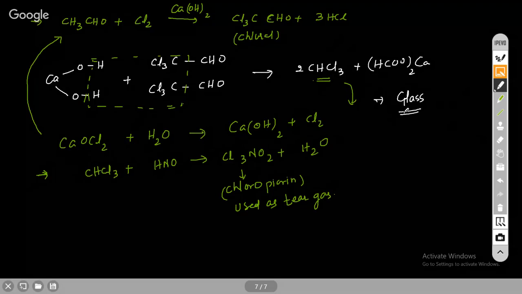Also the anomalous behavior of carbon. Basically, NCERT you have to go through from beginning to end. A few more compounds are given in NCERT which may help you in the board exam.